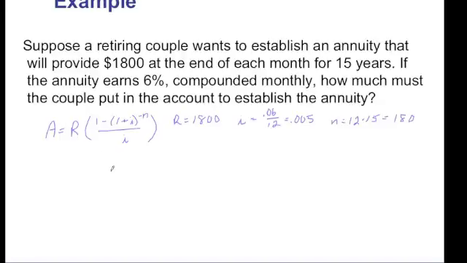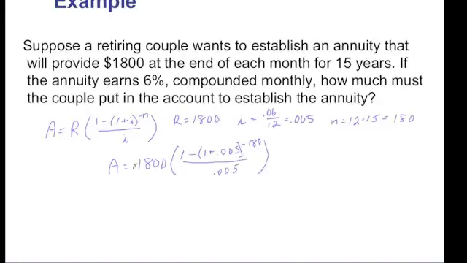Plugging those numbers in, A will equal 1,800 times (1 minus (1 plus 0.005) raised to the negative 180) divided by I, which is 0.005.